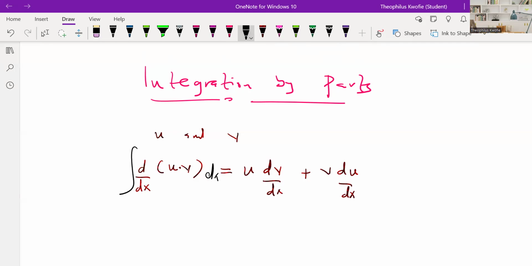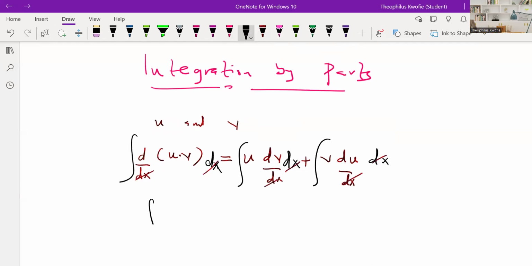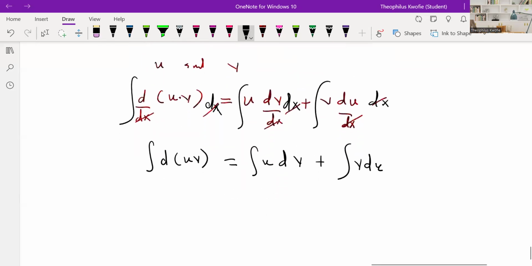Then we cancel the dx, and we are going to have such a result, plus the integral of v du. Now we ask ourselves: what's the integral of this? What's the integral of this?